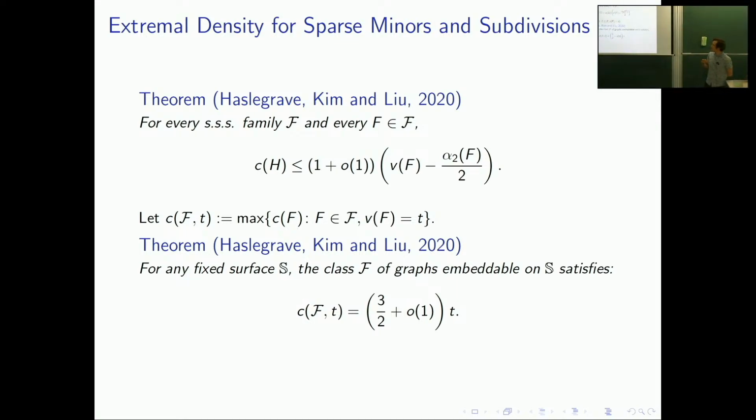is the size of the largest bipartite subgraph. So in general, we'll write alpha k to mean the size of the largest k-colorable subgraph. Induced subgraph, sorry, that's important, otherwise you could take whole graphs. So yeah, or you could think of it as the union of two independent sets.